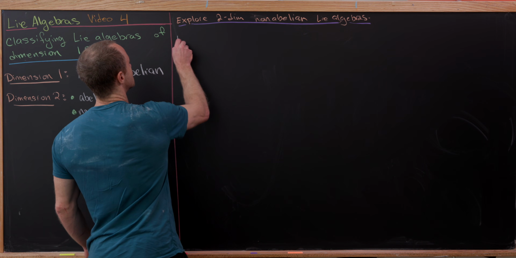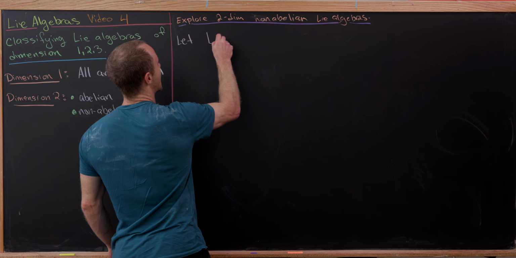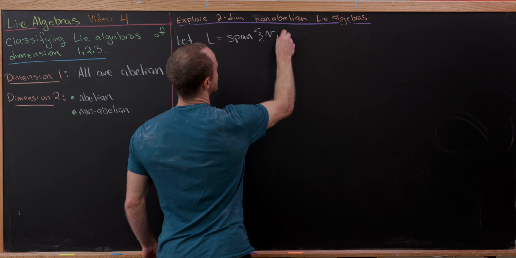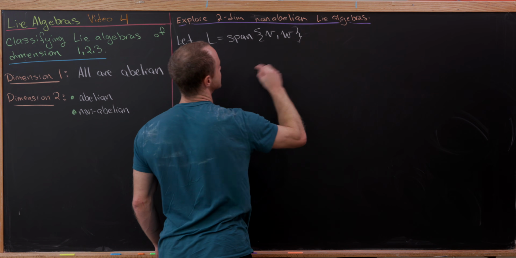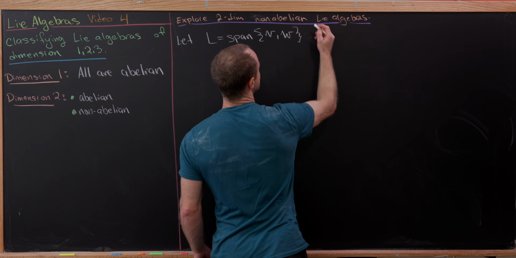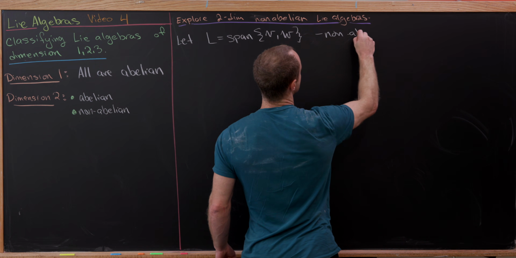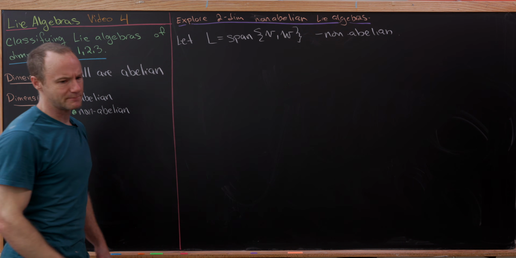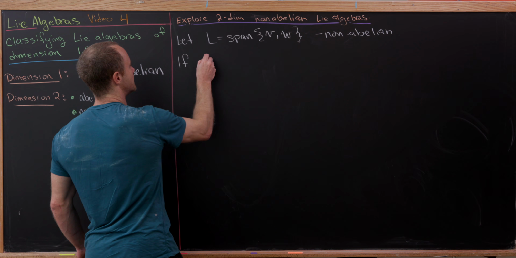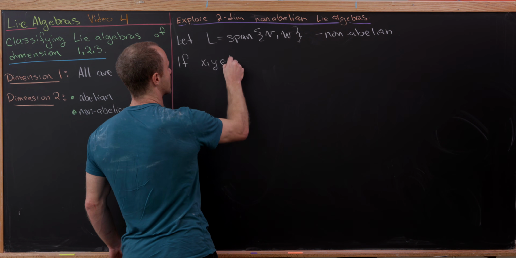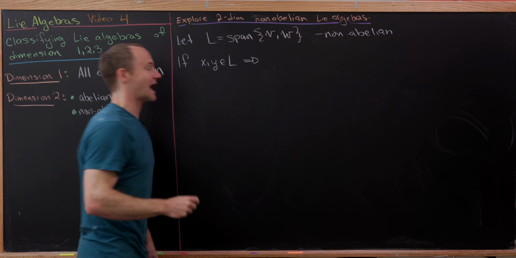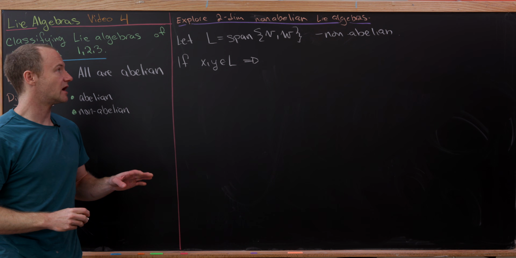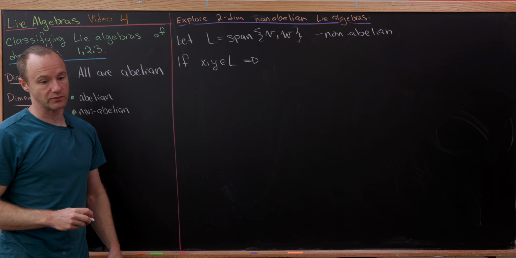Okay, so let's suppose that L has the following basis, and that basis is made up of vectors v and w, and this thing is non-abelian. Okay, great. But now that means that if x and y are inside of L, we can write x and y as a linear combination of v and w.